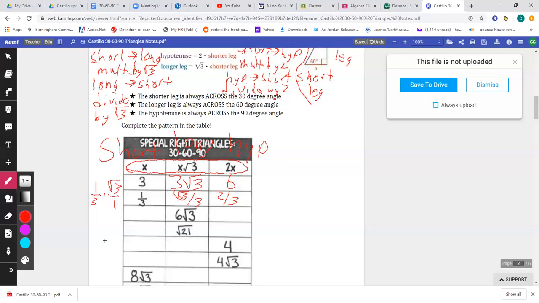Okay, see if you could do the next line by yourself. I know we haven't gone over something like this, but if you know the middle should be 6√3, it should be very easy to know what the x is and what the 2x is.